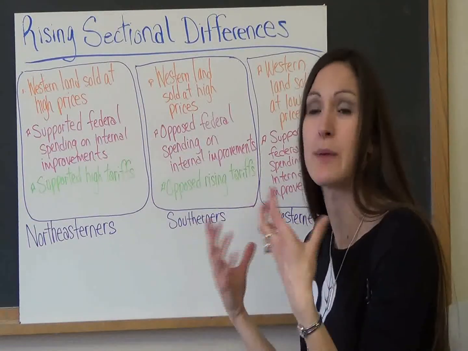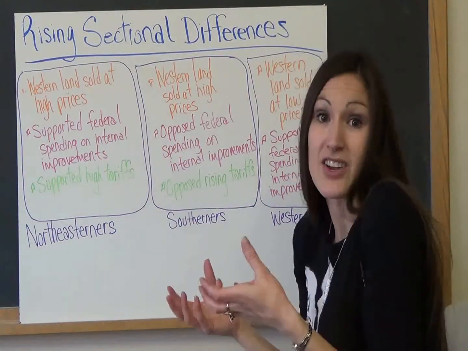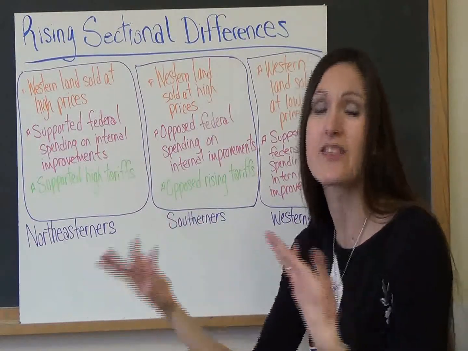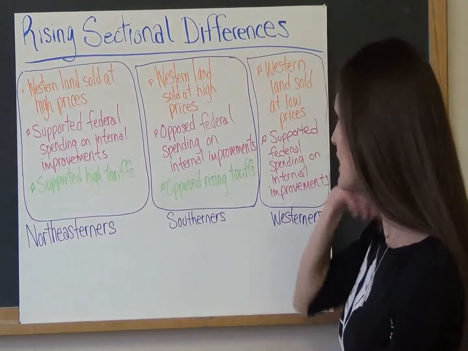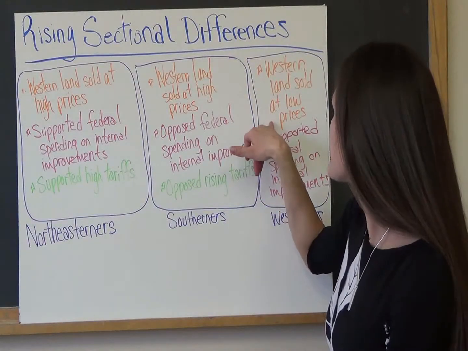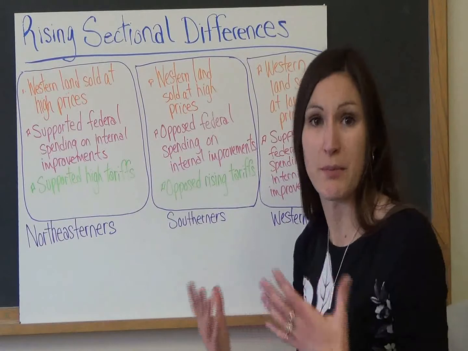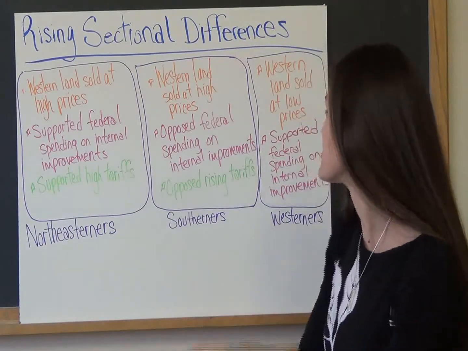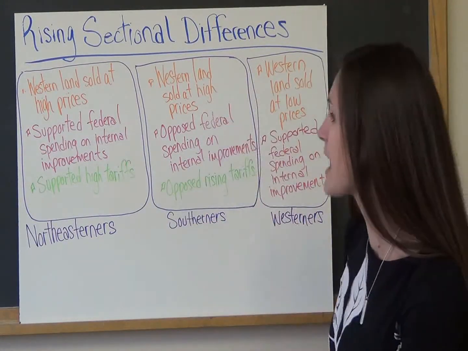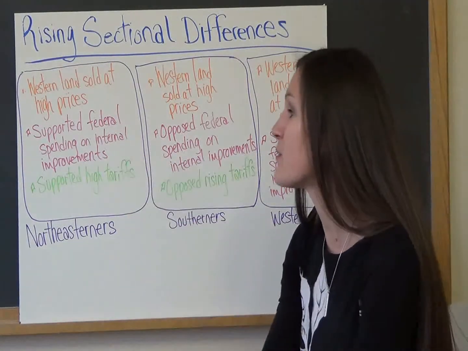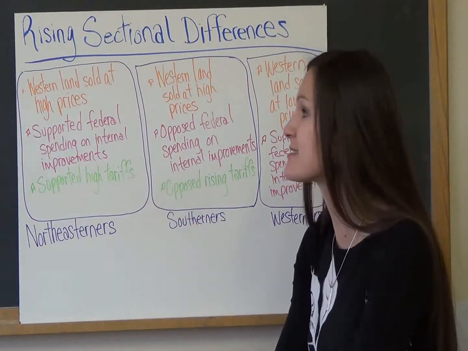They needed as many people to work the factories as they could get, and they were afraid that people might leave and then they'll lose their workforce. So Westerners wanted their land sold at cheaper prices so that they could buy land, and so it was more convenient for them. Our next issue, spending federal money on internal improvements.